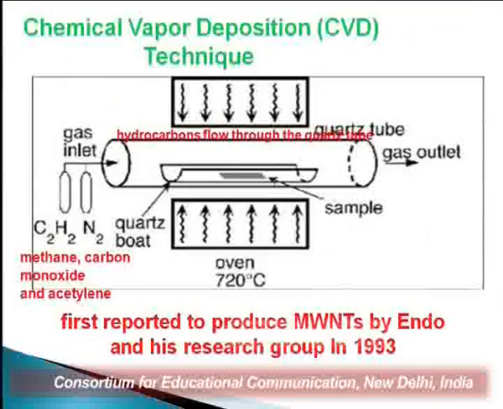Now, we discuss the steps of the CVD technique. The CVD technique can be achieved by taking the carbon source in gaseous form. Which gases have we used? We have used C2H2, methane, carbon monoxide and acetylene to form the carbon nanotubes.